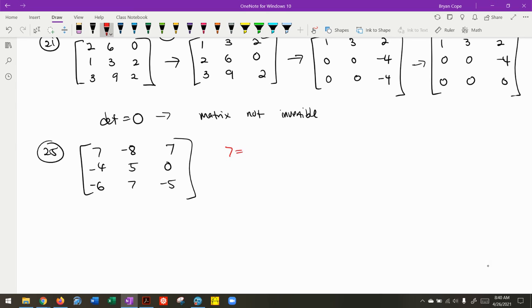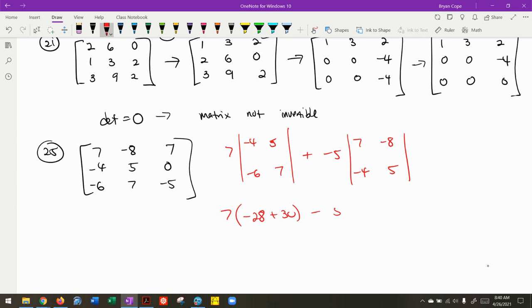So we'll say 7 times the determinant of the matrix -4, 5, negative 6, 7, and then plus negative 5 times the determinant of 7, negative 8, negative 4, 5. Okay, so this is going to be 7 times negative 28 plus 30 minus 5 times 35 minus 32.